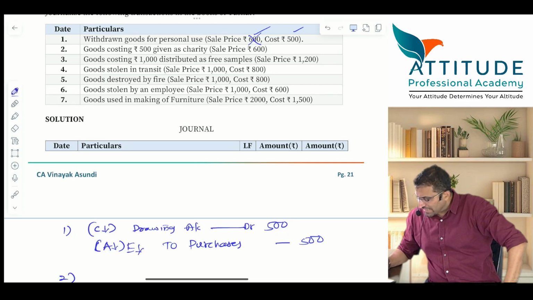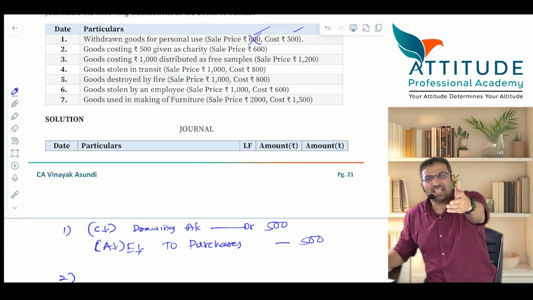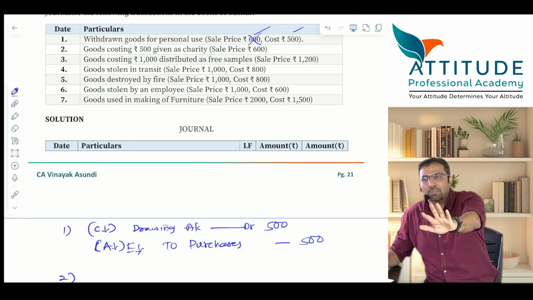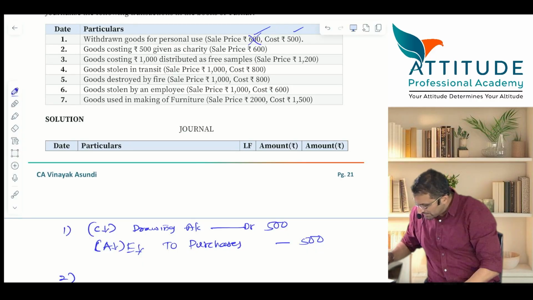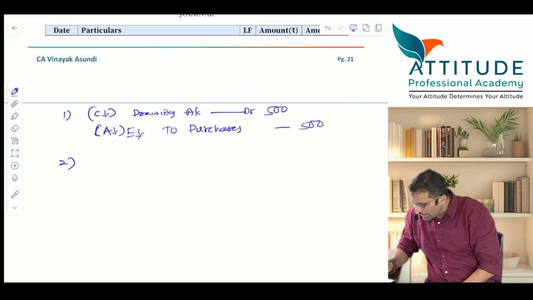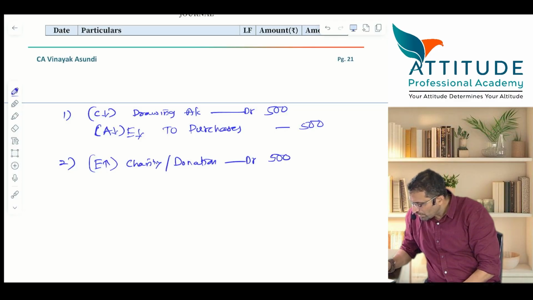Second. Goods costing 500 given as charity, selling price is 600. Now you are giving something as charity, you will not record it at selling price. You will record it at cost price. Charity is an expense or donation. Expense increases. Charity, or you can even say donation expense, debit. It's an expense. How much? To purchases.